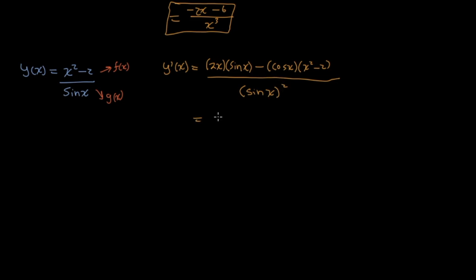And simplifying this will give us 2x sine x minus cos x times x squared minus 2, divided by sine squared x.